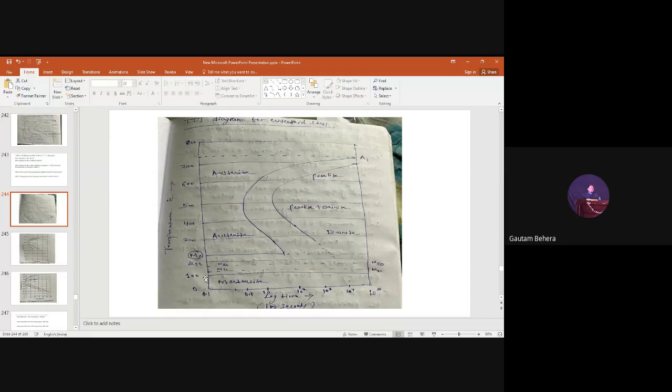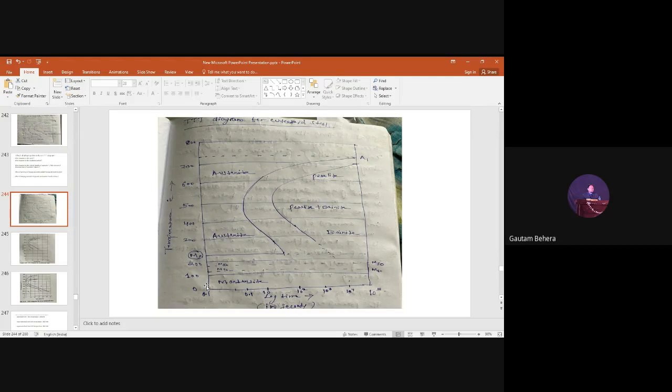Suppose I want to do it at 100, 200, 300, 400, 500, 600, 700 degrees: 1, 2, 3, 4, 5, 6, 7, for example. So I have to cut the steel into 7 pieces, of uniform dimension. That is the first step.